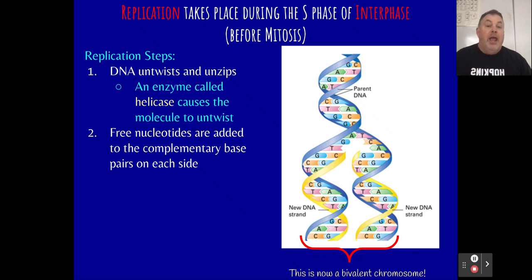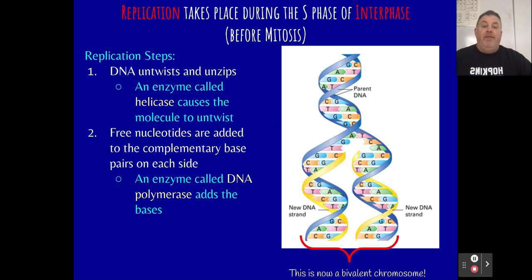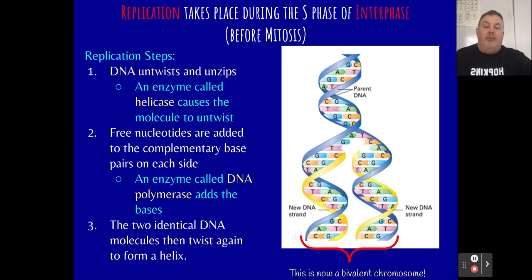Those free-floating nucleotides will try to find a complementary base on the part of the DNA molecule that's been unzipped and exposed. Then a second enzyme, DNA polymerase, will attach the two together, adding those bases together, and form two identical strands, which in the earlier slide we referred to as the bivalent chromosome.